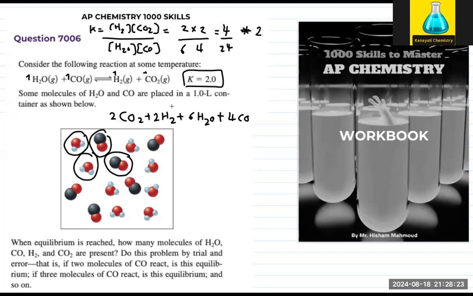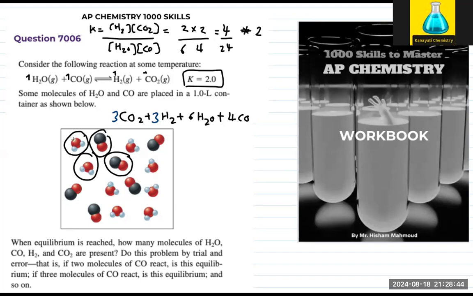So if 2 and 2 reacted, it is wrong. Let's try if we reacted 3 and 3. It's a little bit long, that's why I'm saying it's difficult. So 3 reacts with 3. This means that 3 is formed of CO2 and 3 formed of H2.